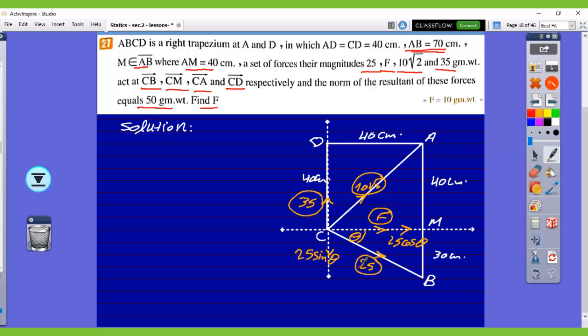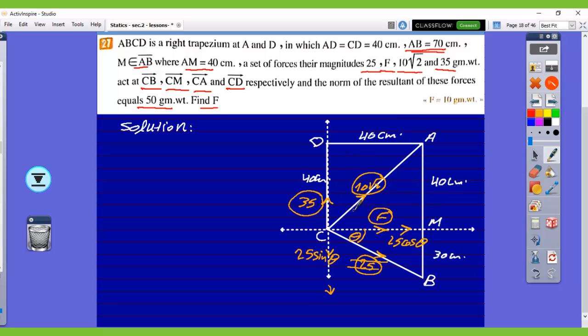And now we can remove this force 25, because we have its two components: 25 cosine theta in the direction of the ray CM, and the other 25 sin theta in the direction of ray DC, down in this direction.